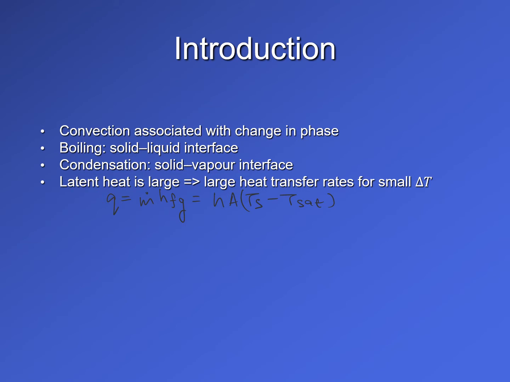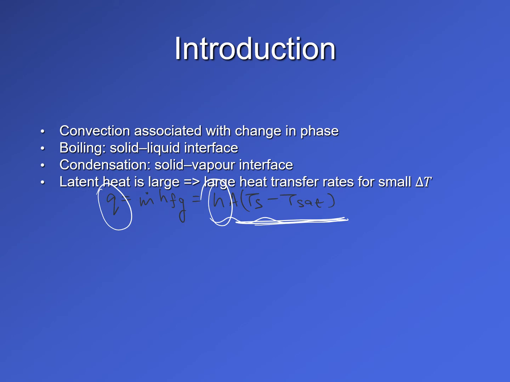And the rate of heat transfer Q is then written as the heat transfer coefficient h, which is again some sort of a definition for this heat transfer coefficient h for phase change heat transfer phenomena, that is boiling and condensation, with the delta T given as Ts minus T saturation.